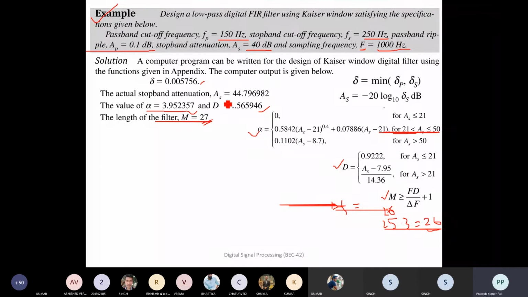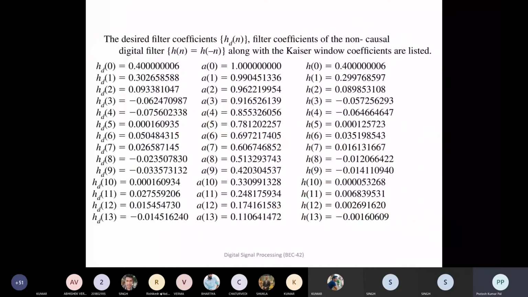So once we have found the AS value, alpha, the D value and the M value, based on these we will go for finding the HD, that is the filter coefficients of this HDN.